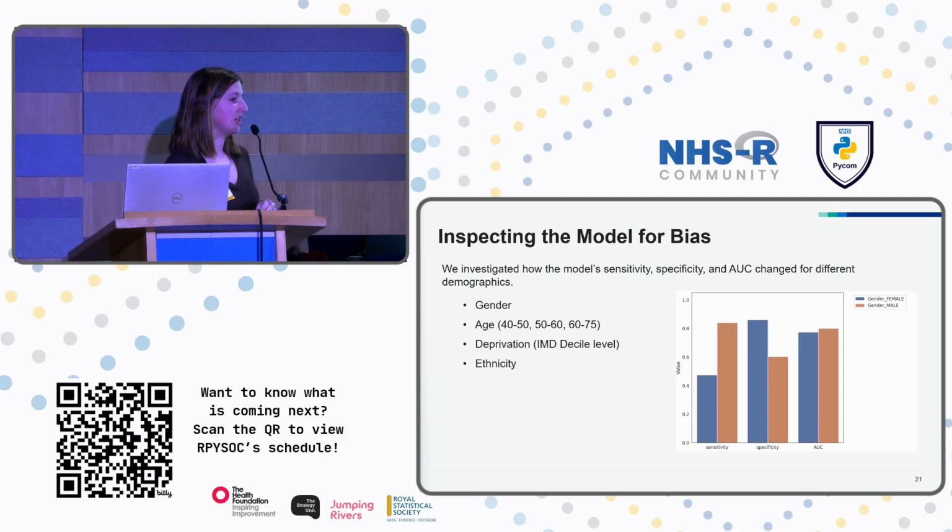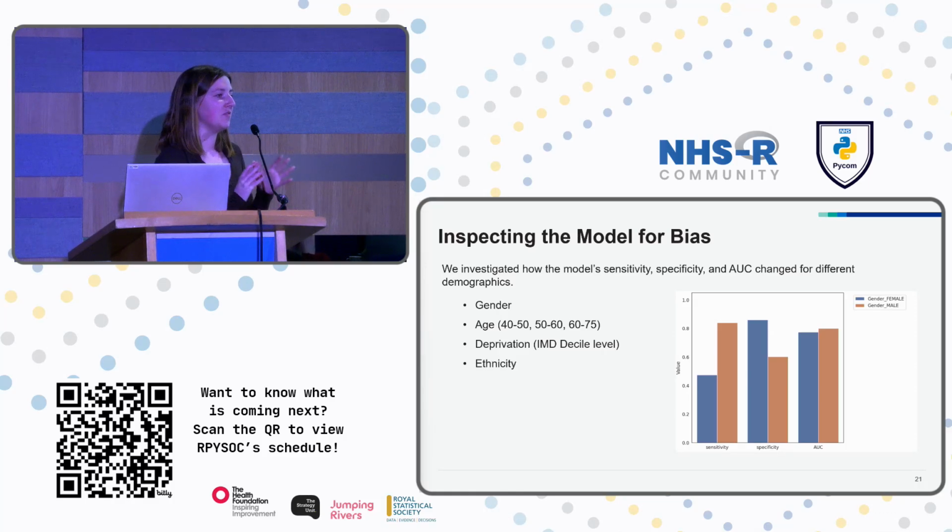Here I've shown a graph for just gender, because it's a bit easier with the 2 split. As you can see, in our model, the sensitivity for males is a lot higher compared to females, which is showing that males are being overdiagnosed from our model. Whereas the specificity is a lot higher for females and less so for males, which means even though fewer females are being diagnosed from the model, it's probably being more specific. It's actually identifying it more correctly.